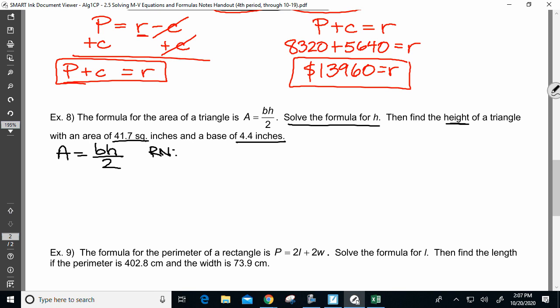So the height, H, is what we want by itself. What else is around the H? It's multiplying times B. So B is multiplying to it. What else is happening? And then 2 is dividing.